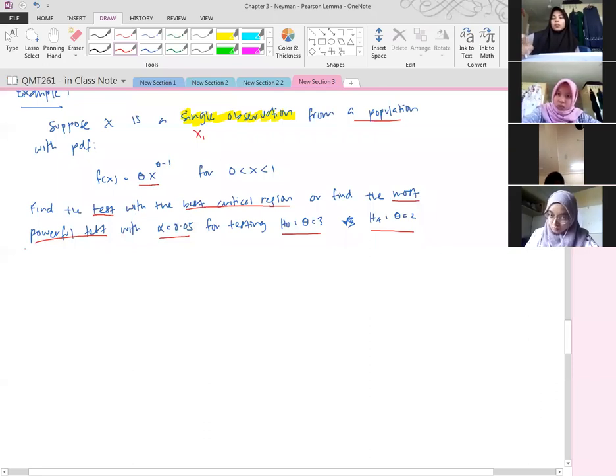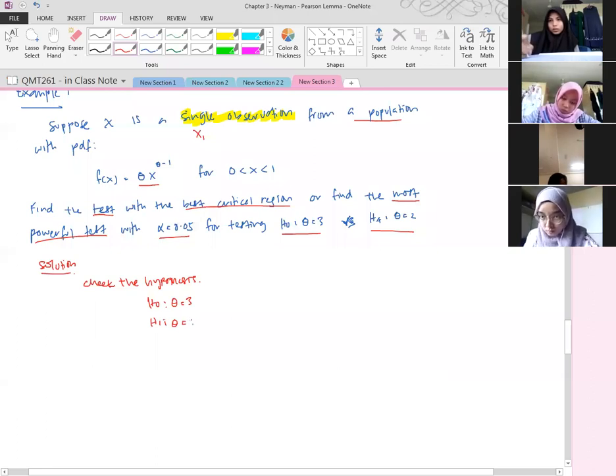So first step of the solution. How to do this? We need to check the hypothesis. The null hypothesis is theta equal to 3, the alternative hypothesis theta equal to 2.